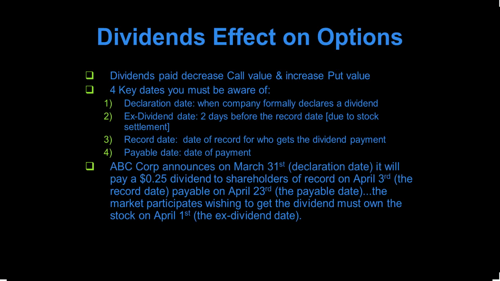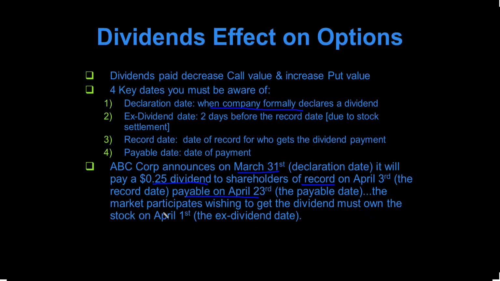So here's how it sounds. ABC Corp, on March 31st, that's the declaration date, so I'm declaring it. I formally declare it on March 31st, announces it will pay a 25-cent dividend to shareholders of record. That's the record date. Payable on April 23rd. That's the payable date.